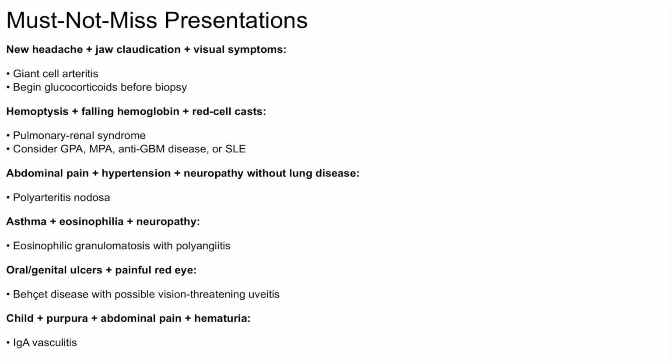Asthma, eosinophilia, and neuropathy point towards EGPA. Recurrent oral and genital ulcers with painful red eye suggest Behçet's disease with potential vision-threatening uveitis. And finally, a child with palpable purpura, abdominal pain, and hematuria likely has IgA vasculitis, and these combinations matter because they either identify an emergency or sharply narrow the differential.